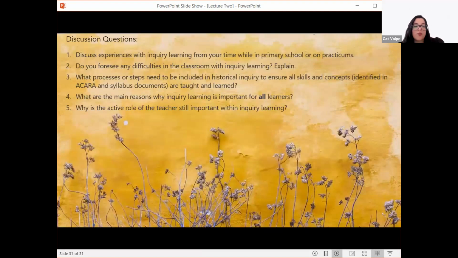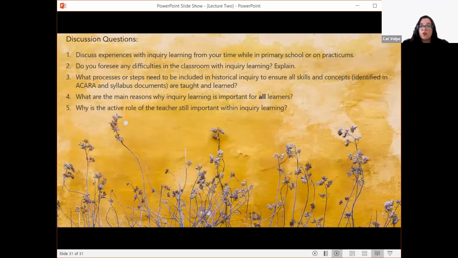So some discussion questions for this week for us to think about. Some of these we'll talk about in the tutorials and on the discussion boards. Discuss experiences with inquiry learning from your time while in primary school or on practicums. Or if you haven't had any experience, we can talk about that too. Do you foresee any difficulties in the classroom with inquiry learning? We can talk about that.